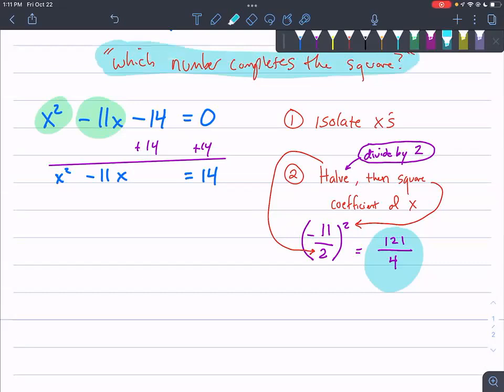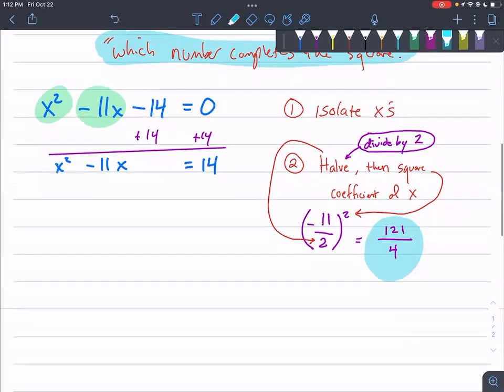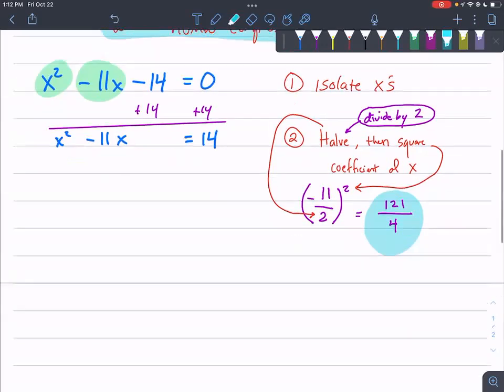The way the section will work is they'll give you the first step in the process, then the next section will be the next step, and when we get to the third and the fourth section here, we'll do the entire thing all at once. Otherwise this might seem overwhelming, but the first step is just get the x's by themselves, the x squared and the negative 11x, and then halve and square. So I'll just stop there, but we'll do a couple more of these.